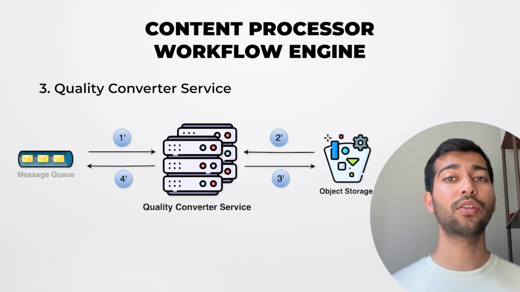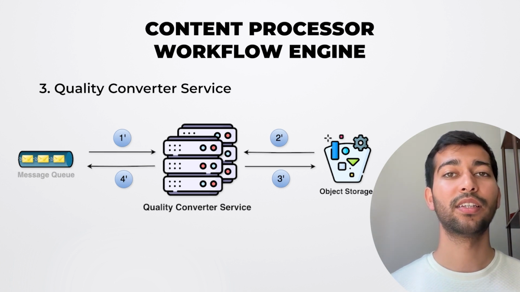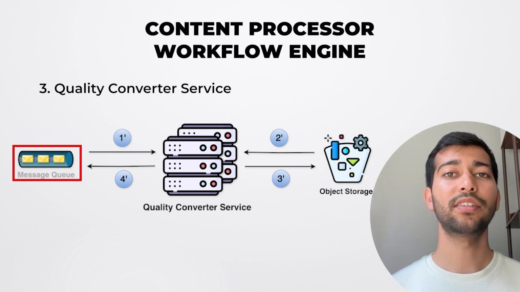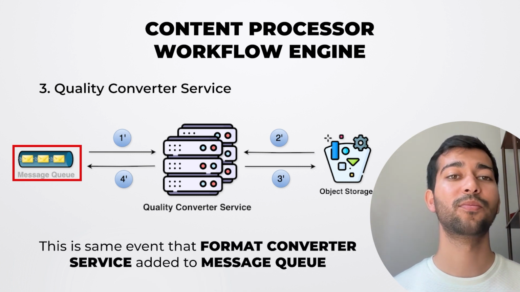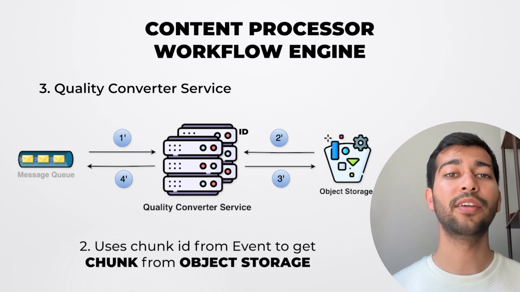Now, talking about the precise steps that the quality converter service has, the first one is when the quality converter service retrieves the event from the message queue. This is the event that the format converter service added to the message queue. Then the second step, where it uses the chunk ID in the event to get the chunk from the object storage.